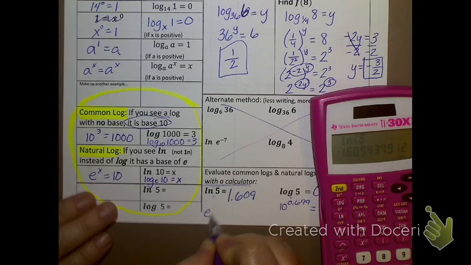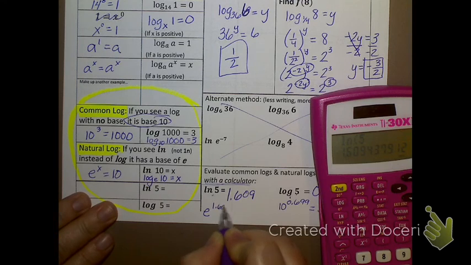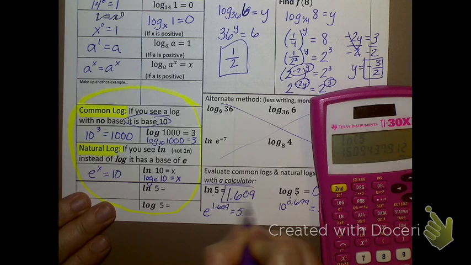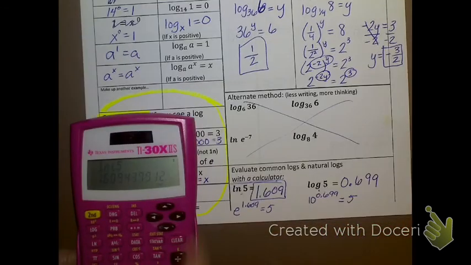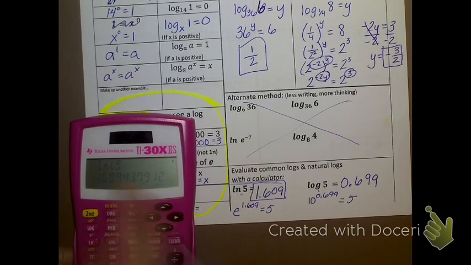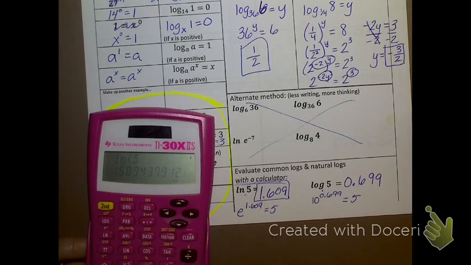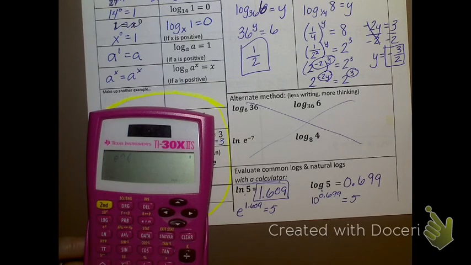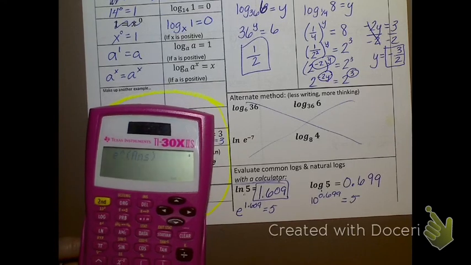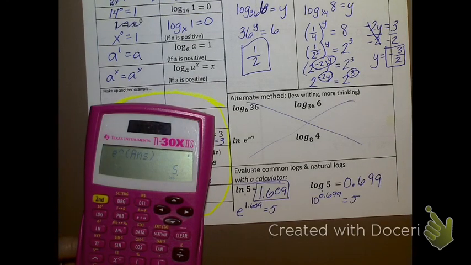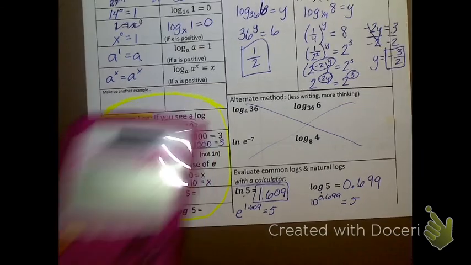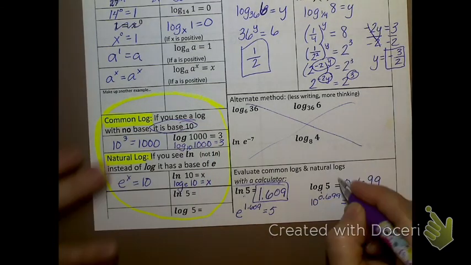Base of E to the 1.609 equals 5. That's what I'm saying my answer equals. So if I want to check it exactly, I'm not going to use the rounded off form, right? I'm going to use the previous answer, E to the previous answer. And I should get exactly 5. There it is. Okay? Kind of sort of makes sense? Okay.